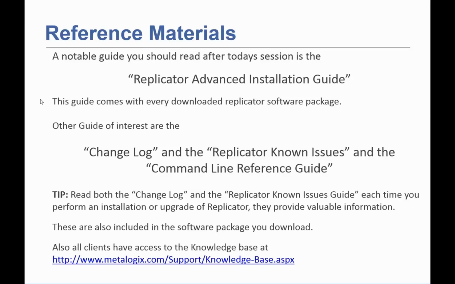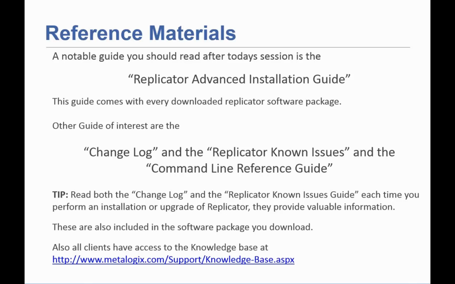Some of the other ones that you should be interested in are the changelog and the Replicator known issues, and also the command line reference guide. The changelog tells you everything that's changed in that version. The Replicator known issues lists out anything that we know of that's an open problem or new features that you should know about.